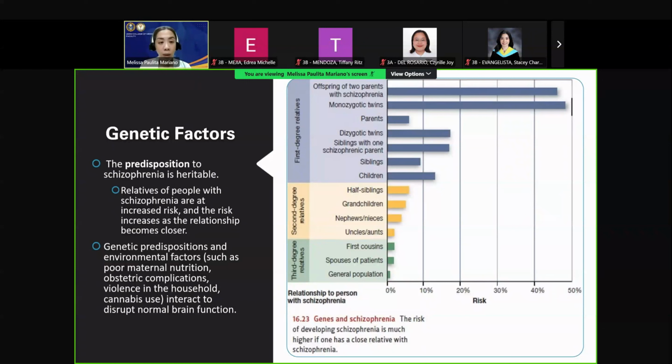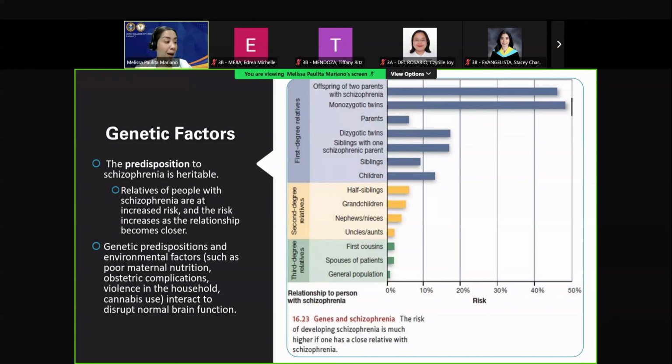First, it is very clear to us that the vulnerability to developing schizophrenia is heritable. You'll see in the diagram that relatives of people with schizophrenia are at increased risk. You will see in the top part of the slide that monozygotic twins have the highest risk for developing schizophrenia. So the risk increases as the relationship becomes closer.